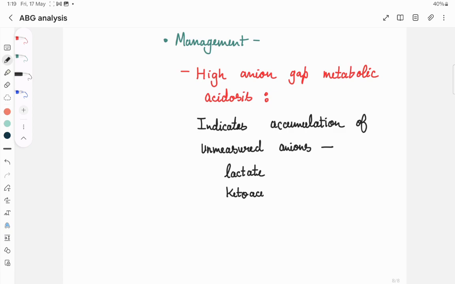What are these anions? Lactate, ketoacids, toxins such as methanol, ethylene glycol.